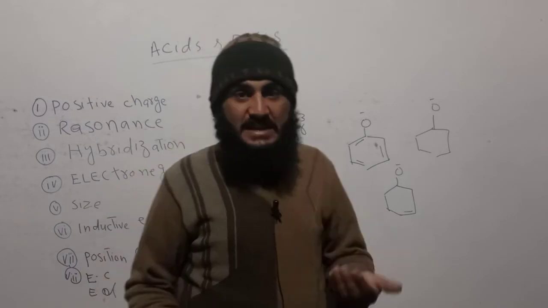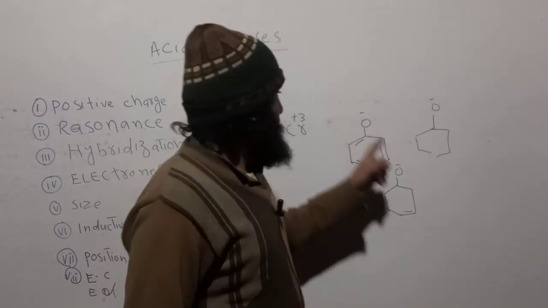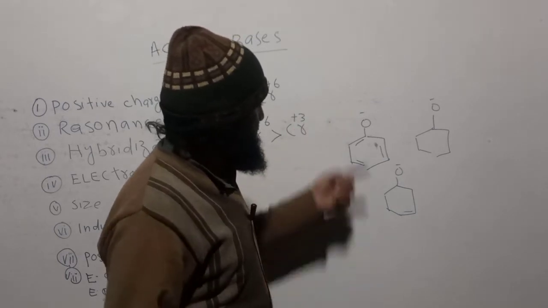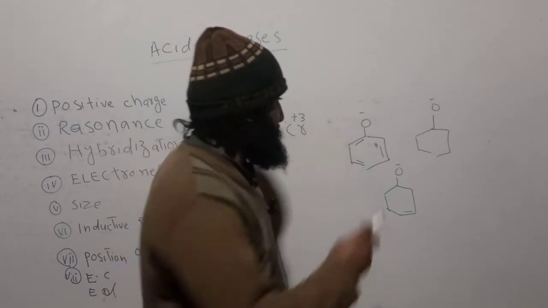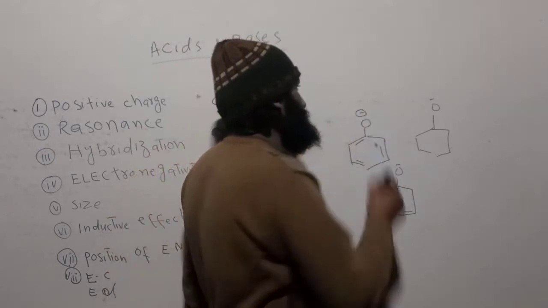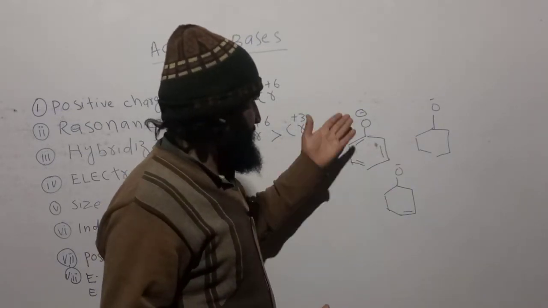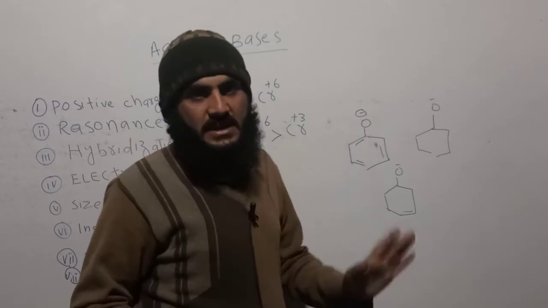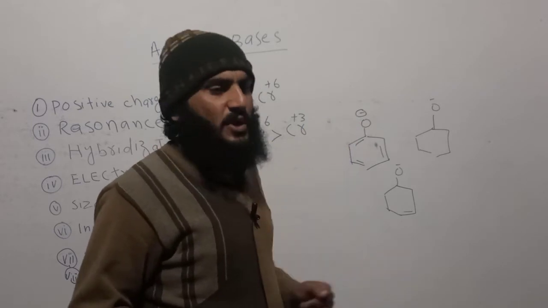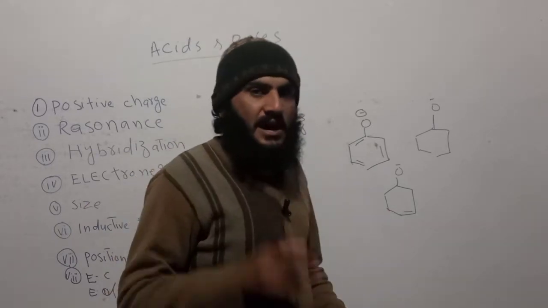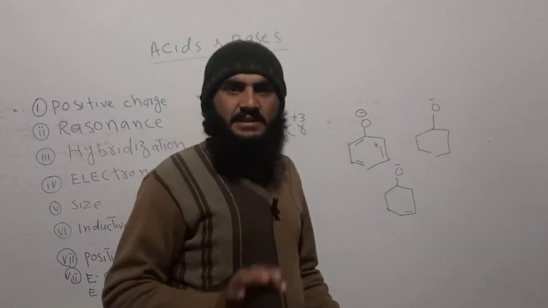The reason for the least basicity is that this negative charge is not localized here, and the chance of attack of H plus ion here is very less. You also know that species which donate electrons are basic in nature.